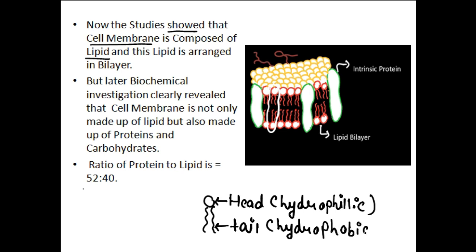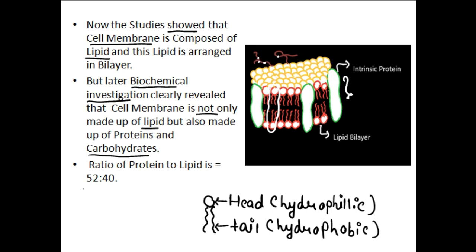Later, the biochemical investigation clearly revealed that the cell membrane is not only made up of lipid but also made up of proteins and carbohydrate. The carbohydrate is arranged in this manner, as well as there is a structure of protein.